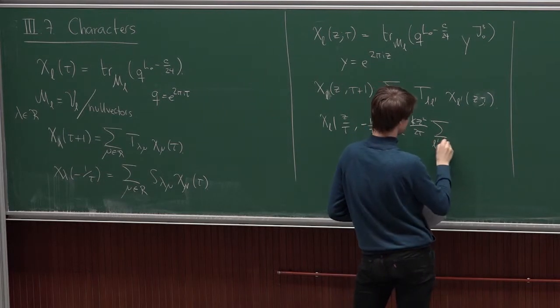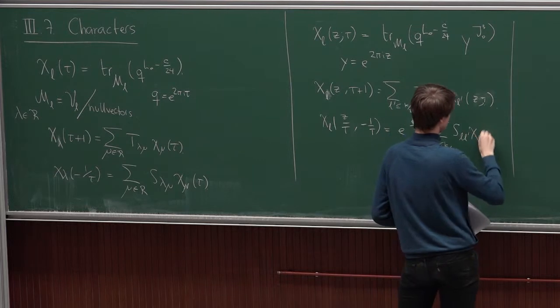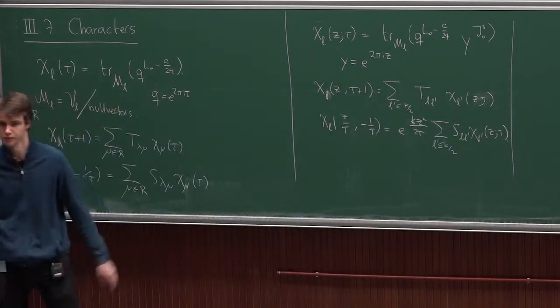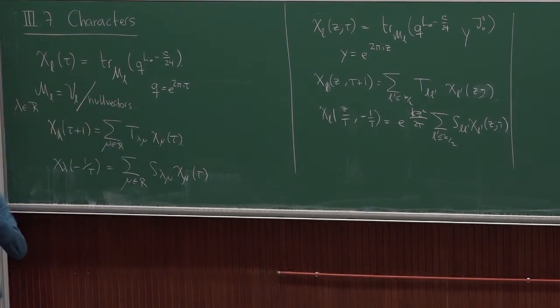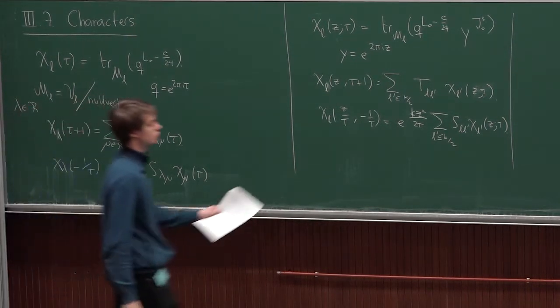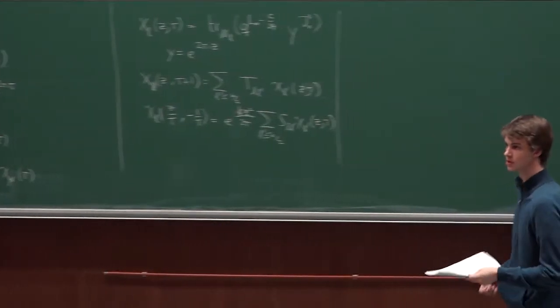And again, you sum over those with the S matrix. So you have an additional factor, and this k is again the k of the SU2.